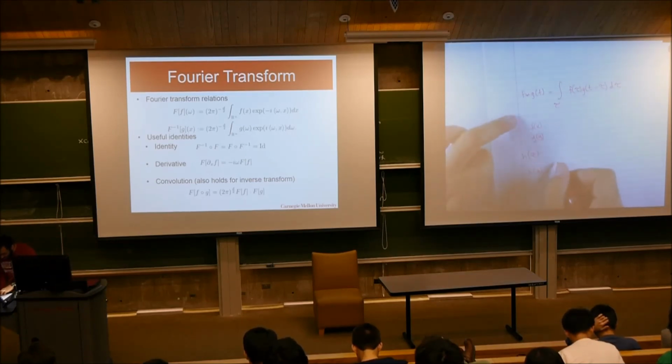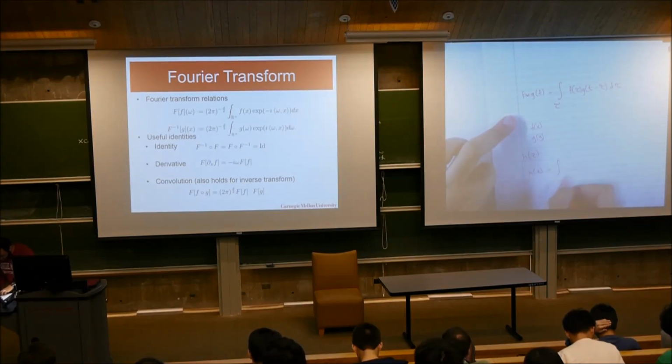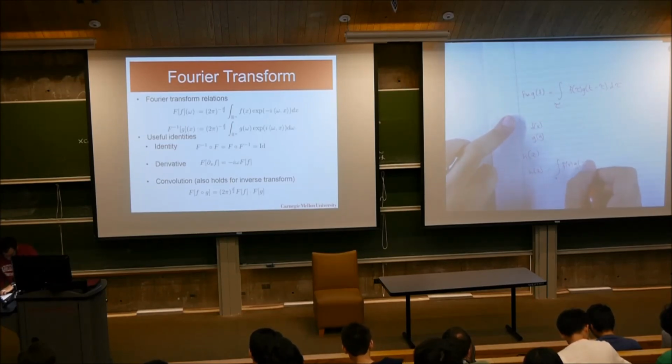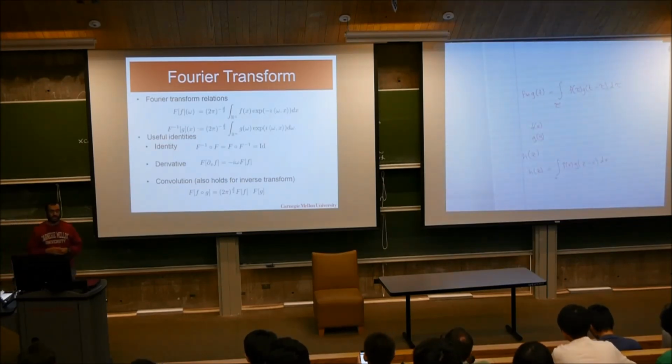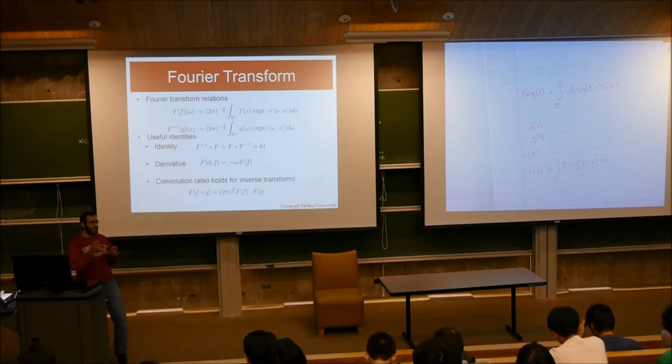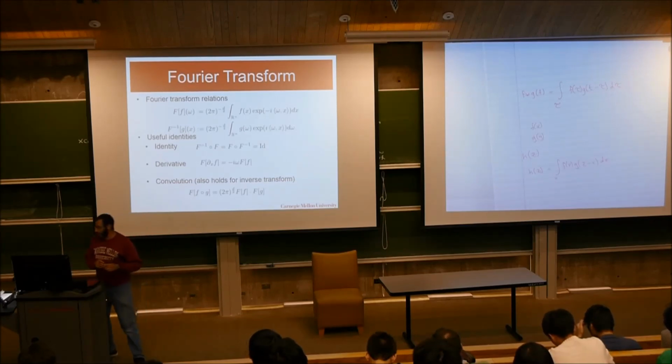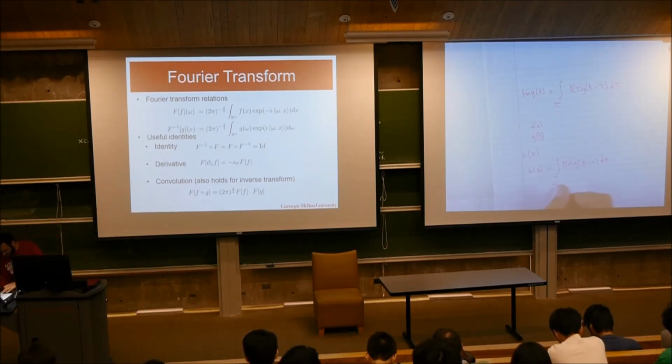And so that gives me the integration over x of f of x, g of z minus x, dx. Does that make sense? So think of it in the discrete case, where we have just a summation.